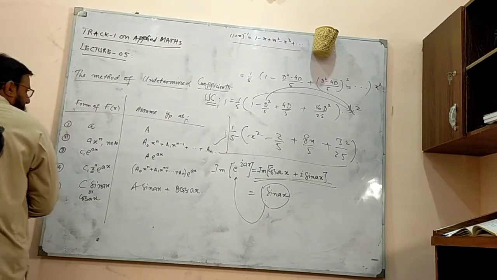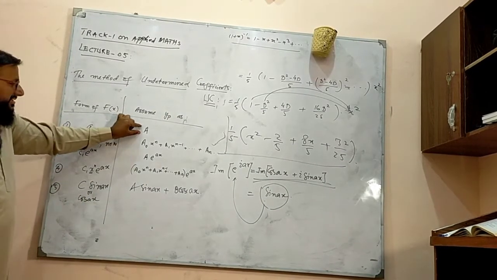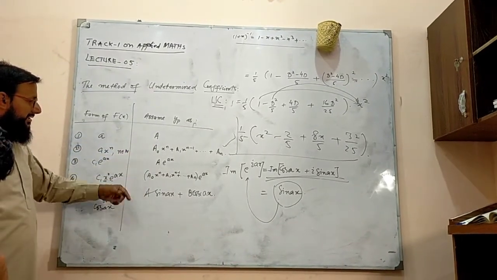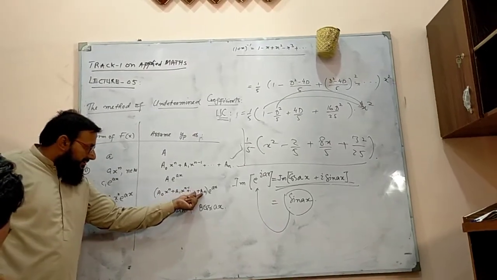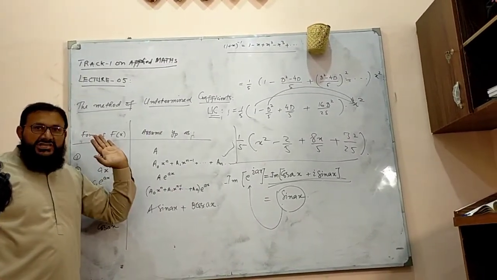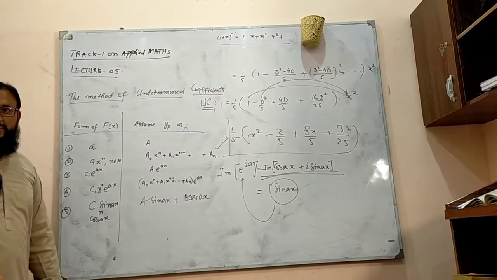We are doing some examples, so the idea would be totally clear. We have to assume yp to be one of these forms. We have to find out the value of these coefficients by substituting into our original equation, and we substitute the values here, that would be our yp.